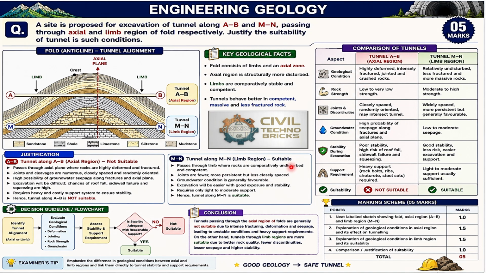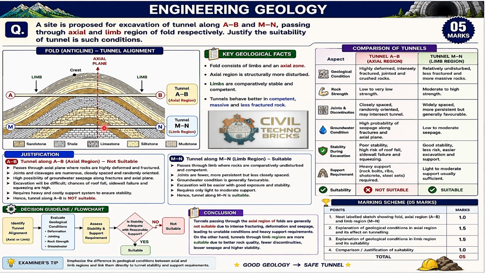So our answer, from the suitability point of view, is that the MN region is suitable. The key geological facts most important to write in your answer are that a fold consists of limbs and an axial zone. The axial region is structurally more disturbed, whereas limbs are comparatively stable and competent. Tunnels behave better in competent, massive and less fractured rock.